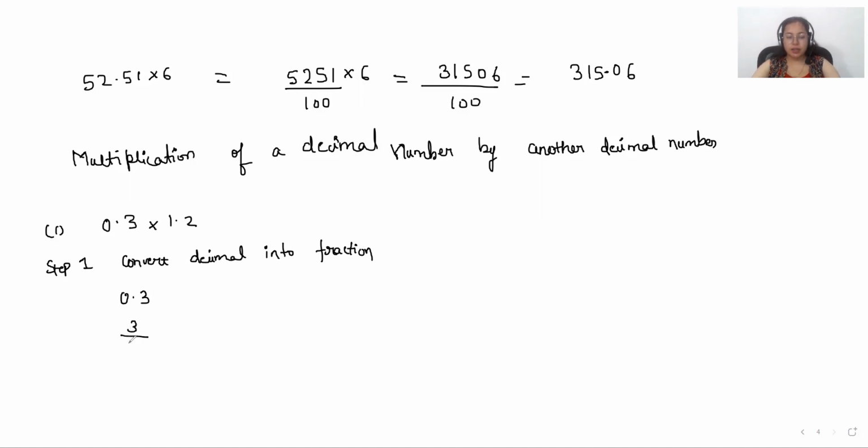Remove the decimal and write 10. And 1.2, remove the decimal and write 10. Now simply multiply the numerator with the numerator and the denominator with the denominator. It becomes 36 over 100. And how many zeros? 2. So put the decimal before 2 digits. So it becomes 0.36. That's how you can multiply two numbers with decimals.